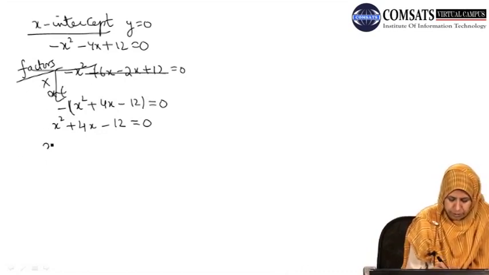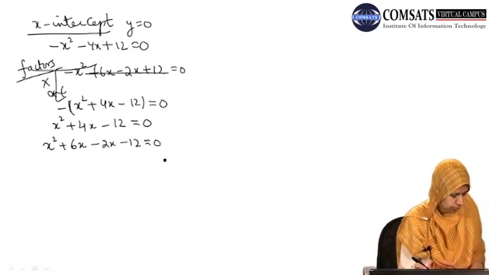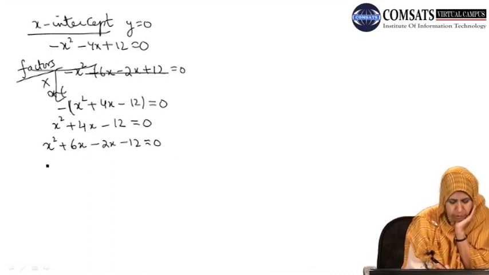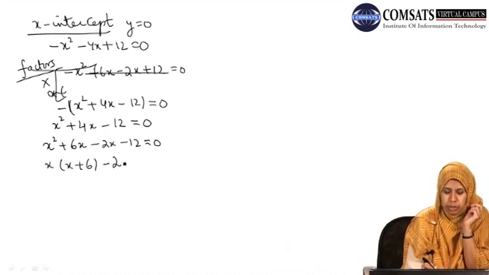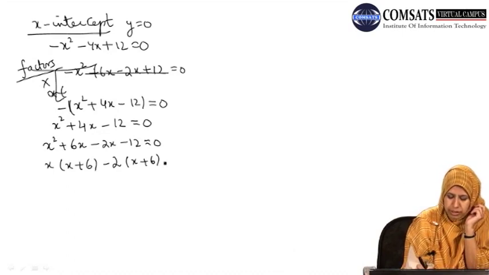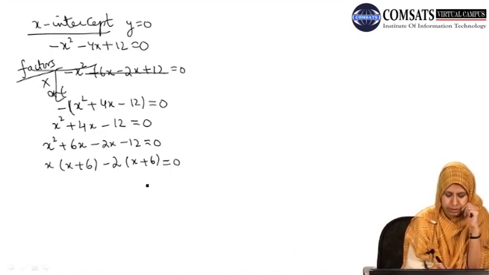Okay, x square plus 6x minus 2x minus 12 is equal to 0. By taking x common from the first two terms, we obtain x plus 6, and by taking minus 2 common from the last two terms, we obtain x plus 6 inside, equal to 0.